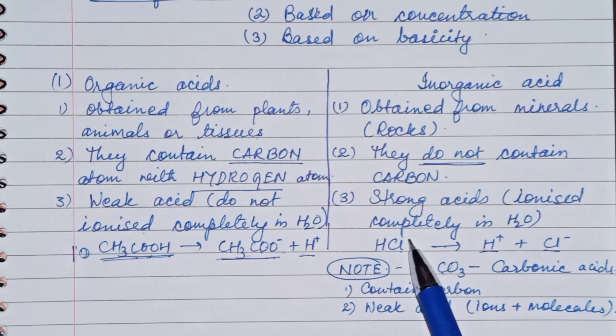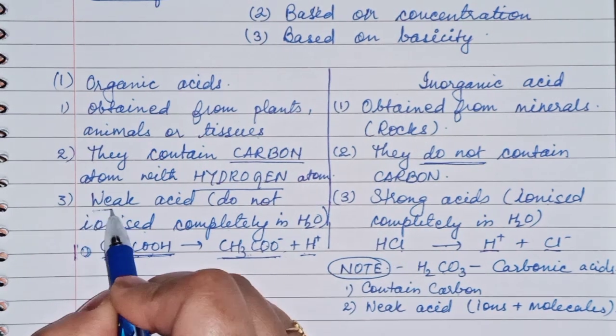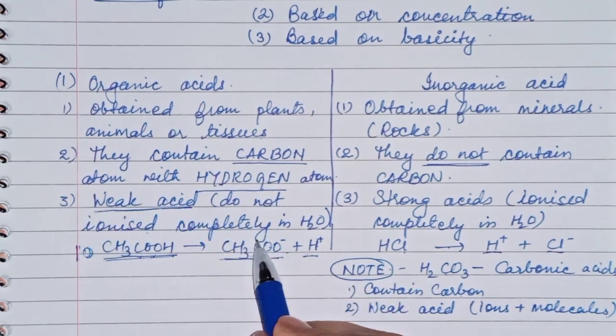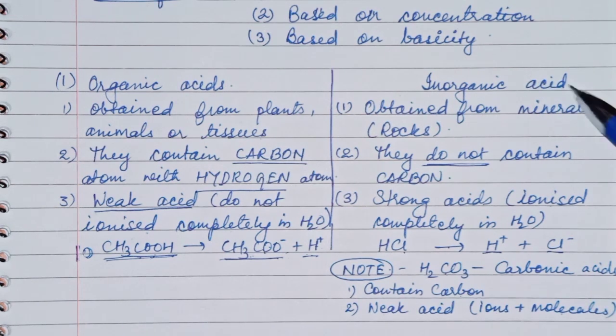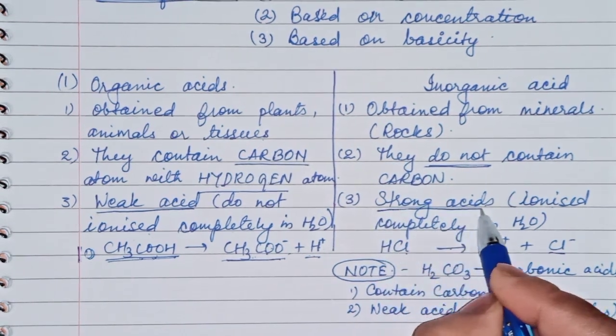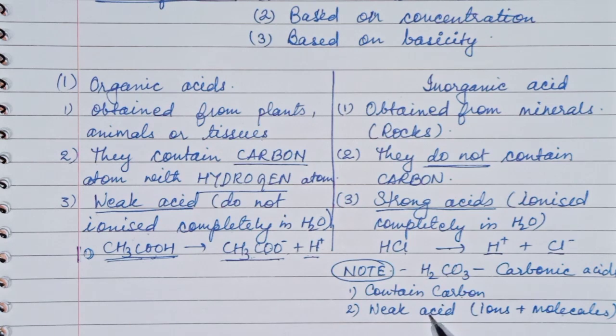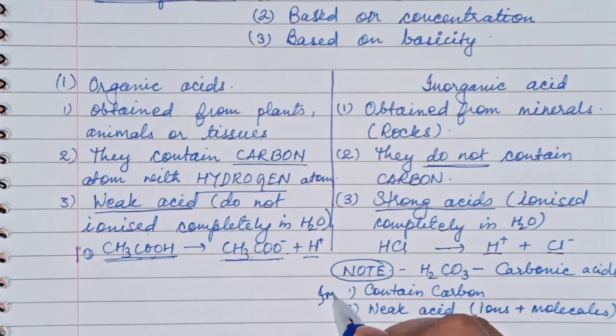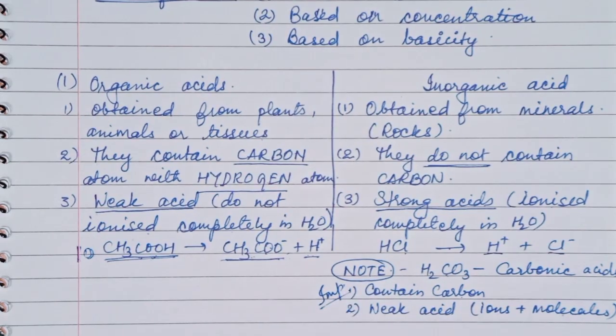That means it will not dissociate completely. Some of them will dissociate into ions and some will remain as molecules. But inorganic acids are strong acids, and this one is a weak acid. So this is an exception. You must remember this, it is important for your exam also.